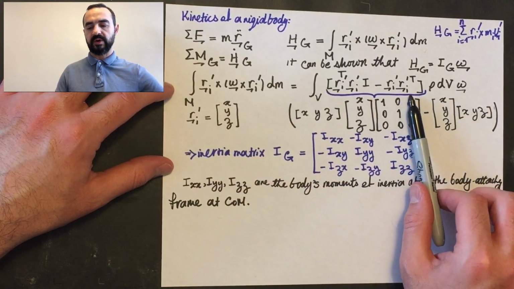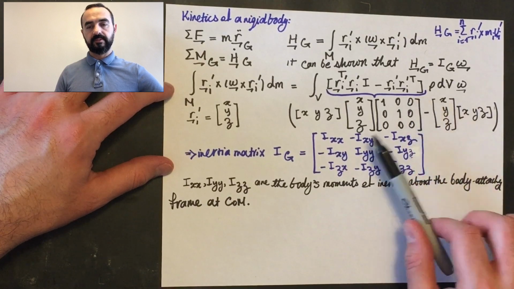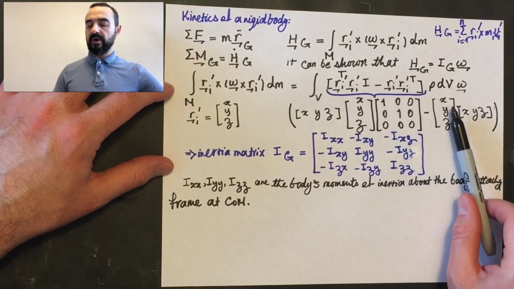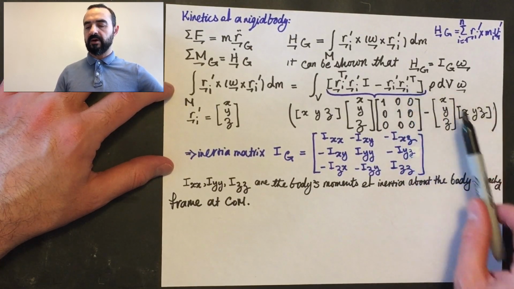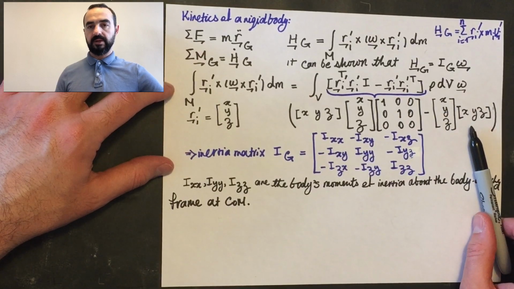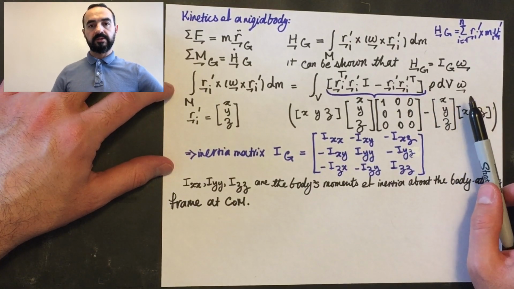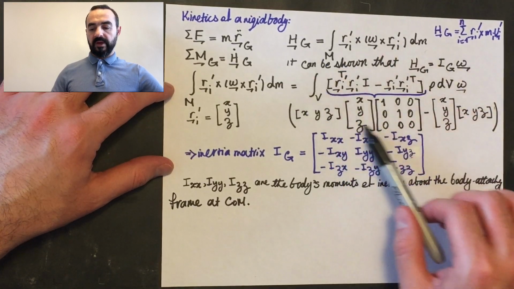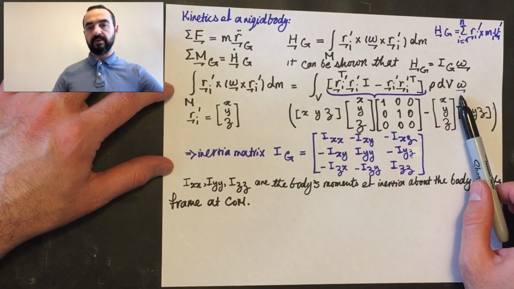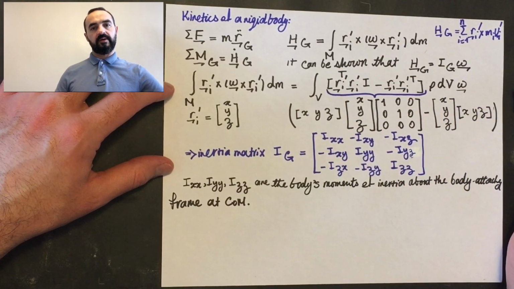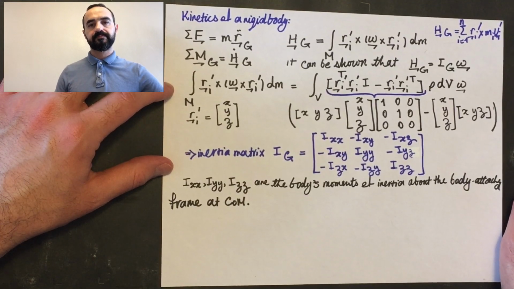We replace the cross product with these terms. And then we have r_i prime x, y, z and r prime transpose multiplying rho dV. And this whole thing, excluding omega, is our inertia matrix.